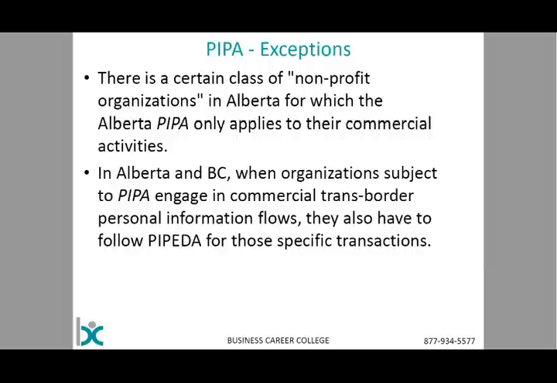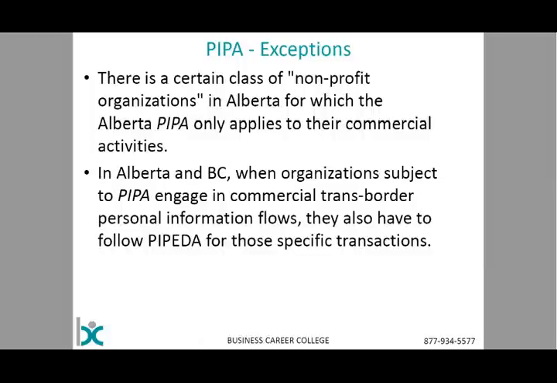So certain nonprofit organizations in Alberta are not subject to PIPA for most of their activities. They're only subject to PIPA for their commercial activities. So when a nonprofit is engaging in commercial activities, they would be subject to PIPA, generally speaking. When they're engaged in charitable activities or nonprofit activities, they wouldn't be subject to this.